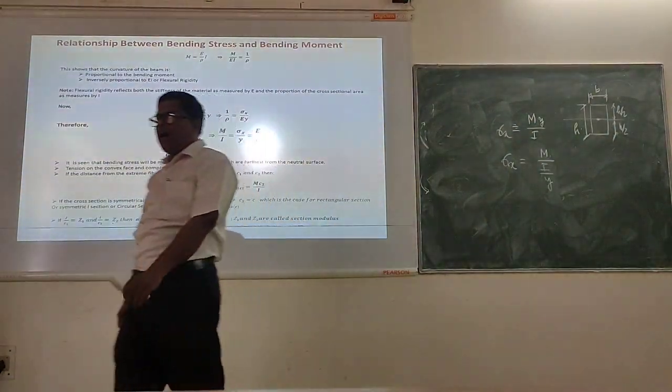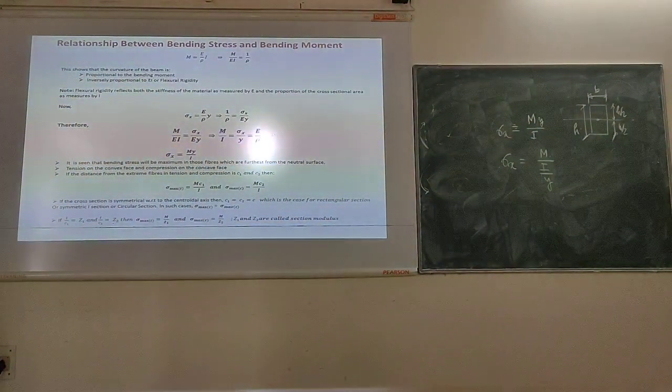M by I into y. Can I write this or not? Simple mathematical equation, nothing else. So what I have done? I have brought I from the numerator to the denominator.